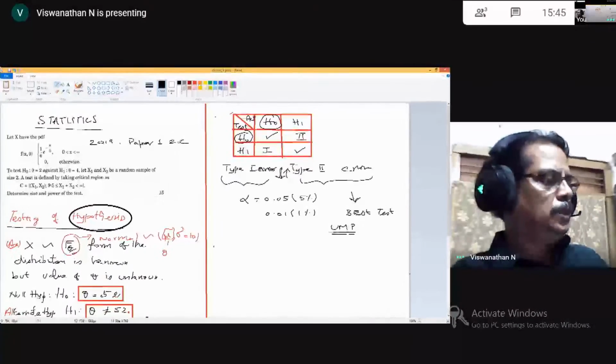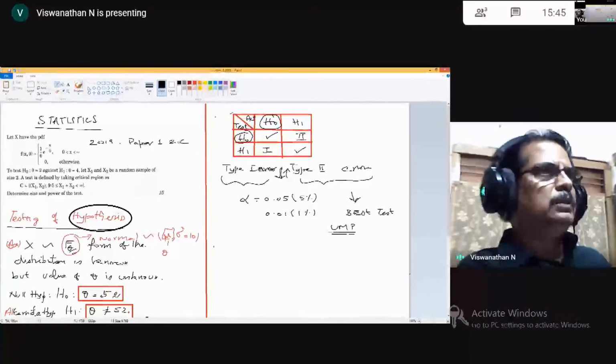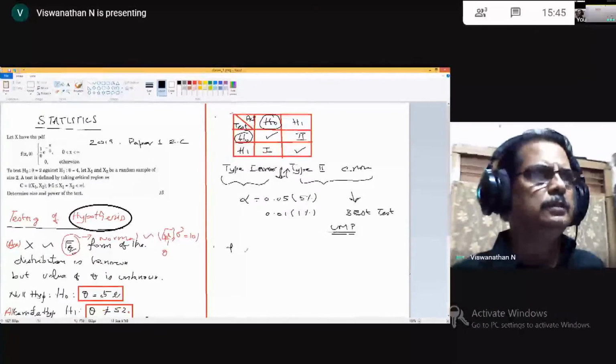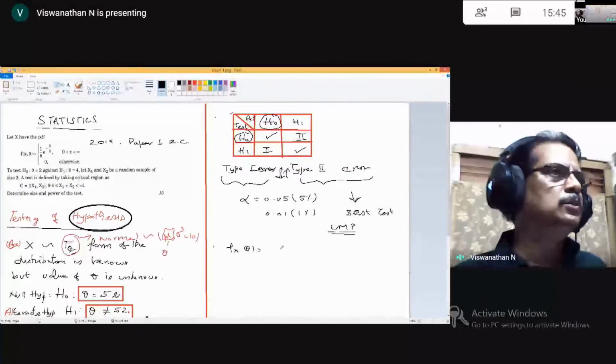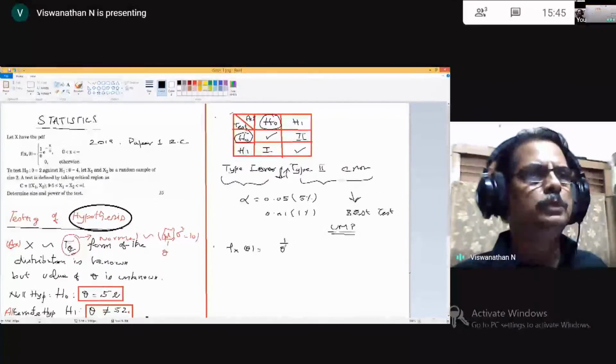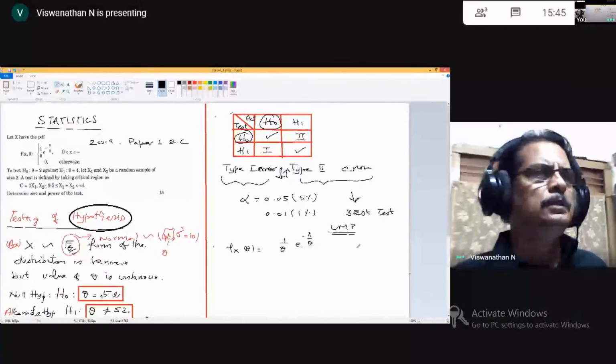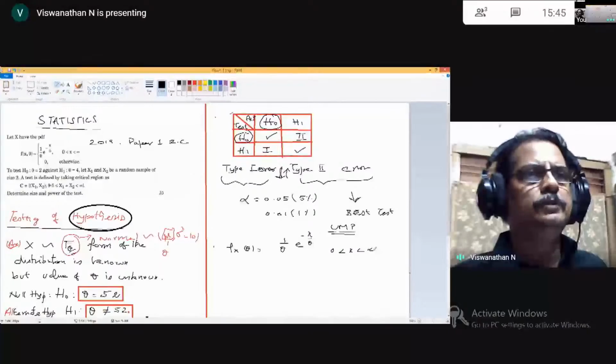So what we have is a distribution given as f(x, theta), or f(x; theta). The distribution is 1 by theta e power minus x by theta, for 0 less than x less than infinity, and 0 otherwise.